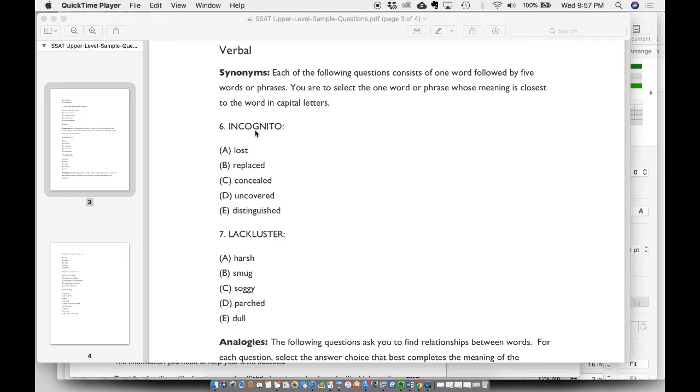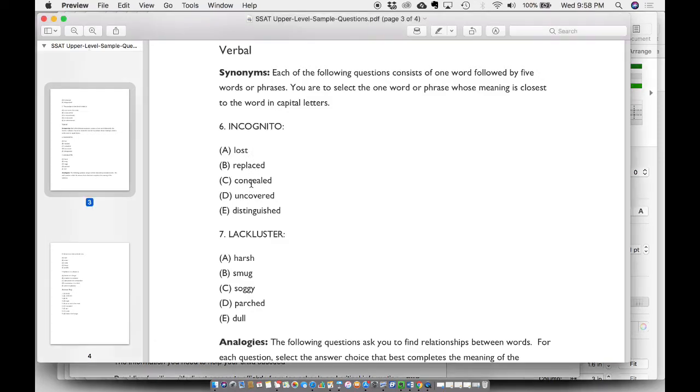You might recognize those terms. And C-O-G-N has to do with knowledge. So basically, incognito, not knowing or not knowable, something is hidden. And in this case, then you would translate it into the word concealed. Okay?